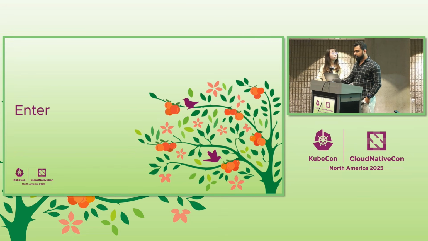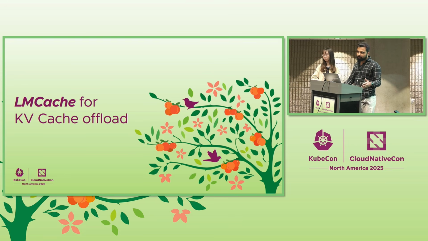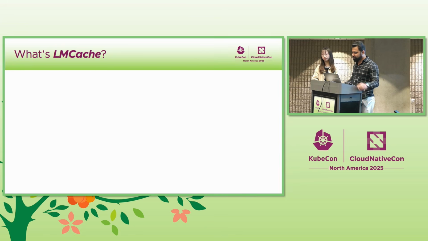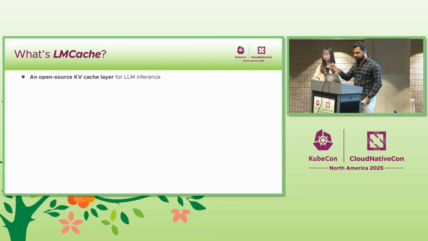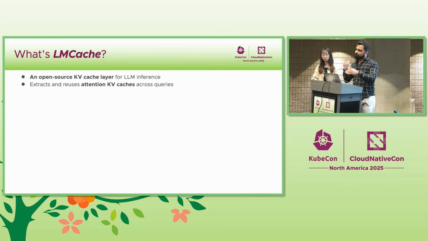So how do you do it in the context of LLM inference? That's where LMCache comes in. Like I said, there have been other talks that have gone into the depths of LMCache as well. I'll show you at the end. So very quickly, what is LMCache? It's an open source project. It acts as the caching layer that sits between the inference engine and various storage, including the GPU's high bandwidth memory. It extracts those KV caches that are normally in the GPU memory and stores them wherever you have configured it to.